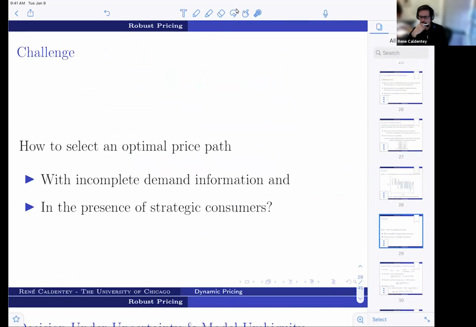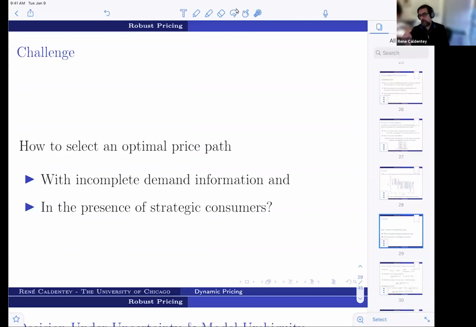So what we asked ourselves in this research was, essentially, how can we think about price paths when there is incomplete demand information? We don't really know how much people are willing to pay for this product. This might be new products, right?